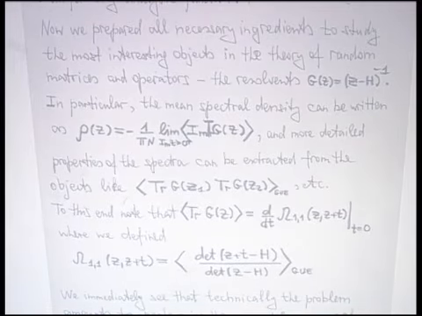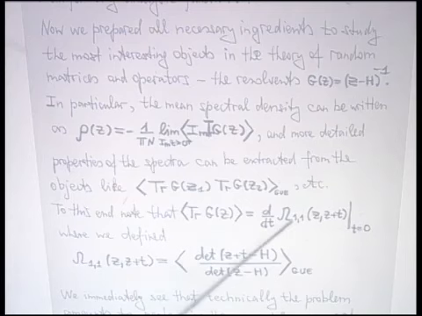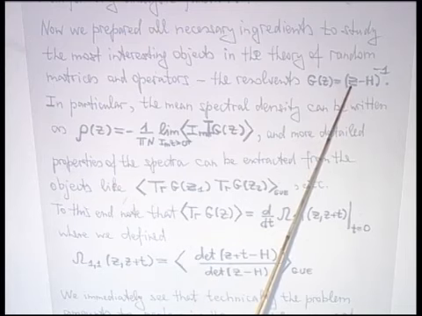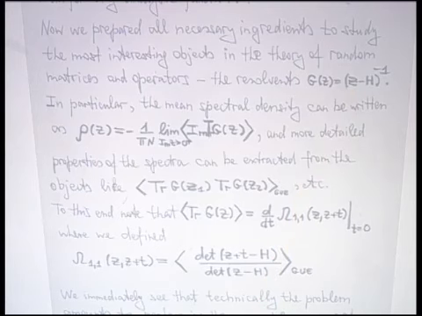Very important information about the spectrum of any operator is contained in the resolvent, which is the inverse of spectral parameter z minus H, and its behavior, in particular when z approaches the real axis, or the support of the spectrum, better to say.